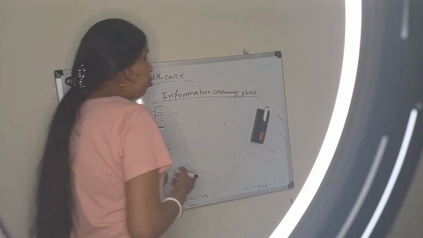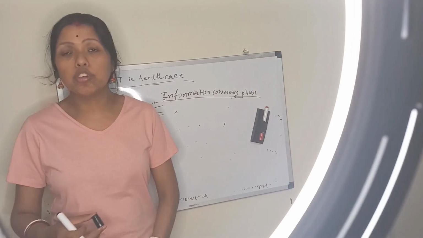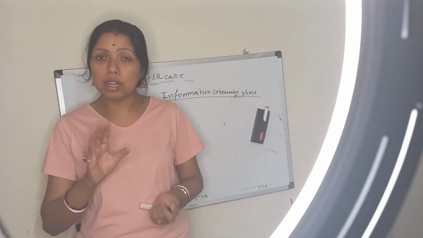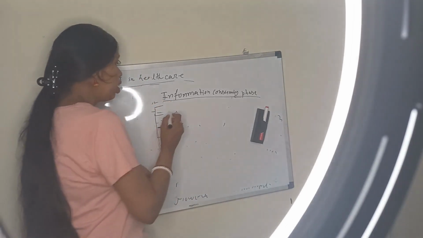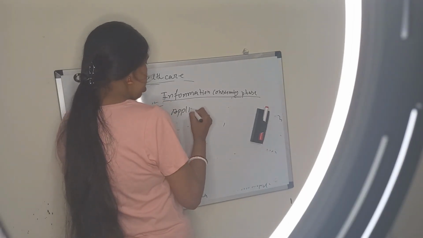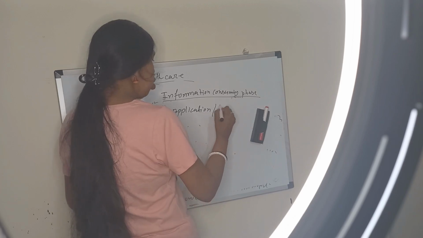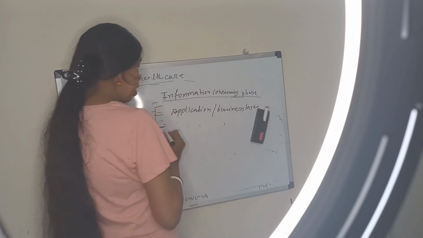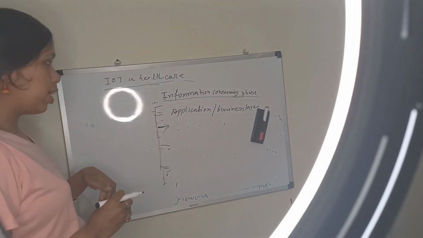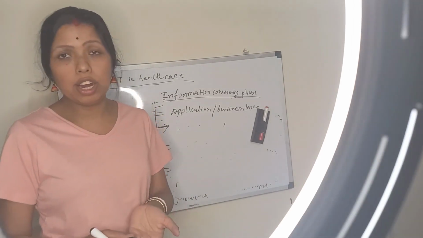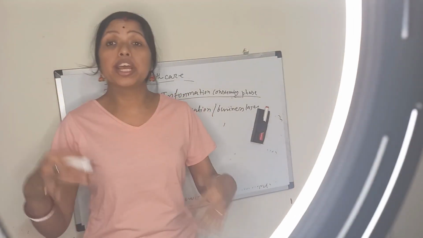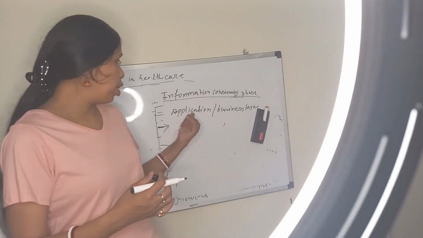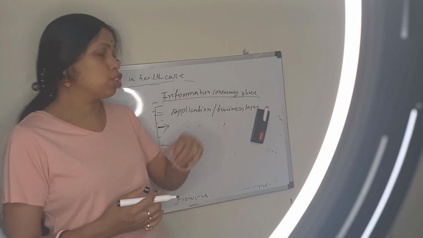Information consuming phase. In this case, what will happen? Normally, as I told, this is mainly under the application or business layer. After the analyzation of data in the middleware layer or the data processing layer, we have to take the decision. The decision can be taken in the information consuming phase.